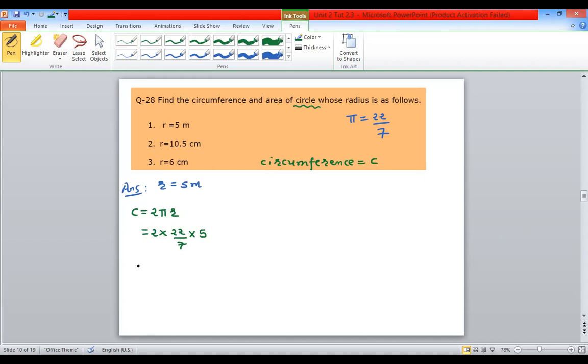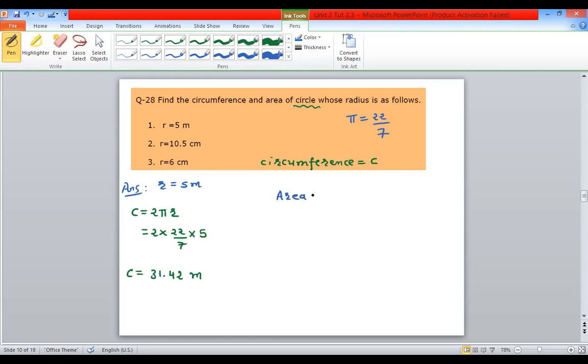It's 31 point something. So C is equal to 31.42 meter.